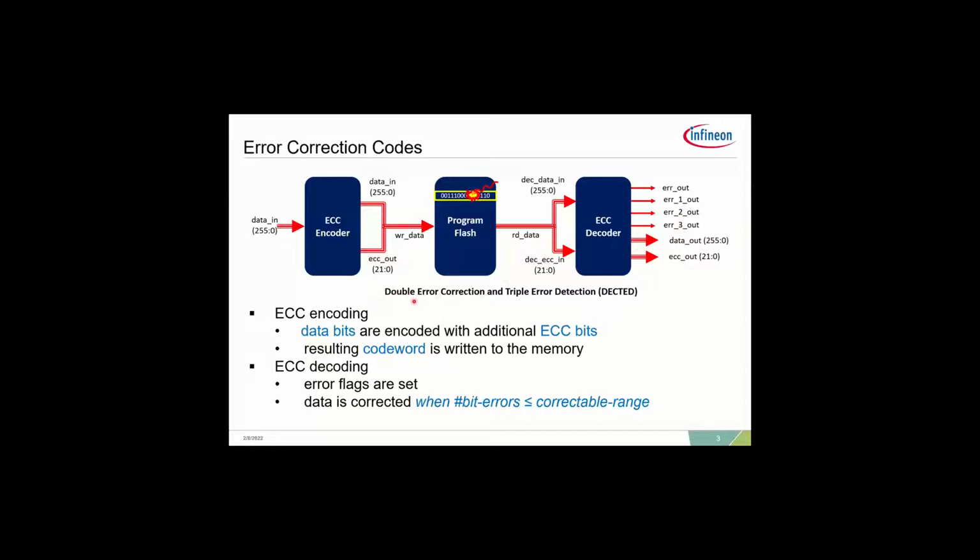That's why this design is called a double error correction, triple error detection design. So that's the functionality of the ECC decoder. In case the number of bit errors is within the correctable range, the data is corrected and then sent out. Otherwise, proper error signaling is done.